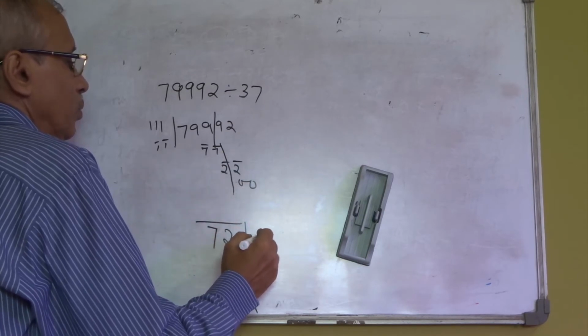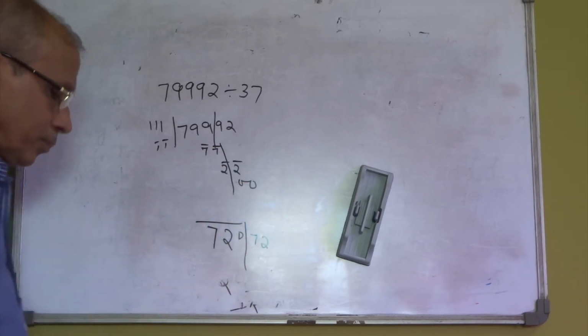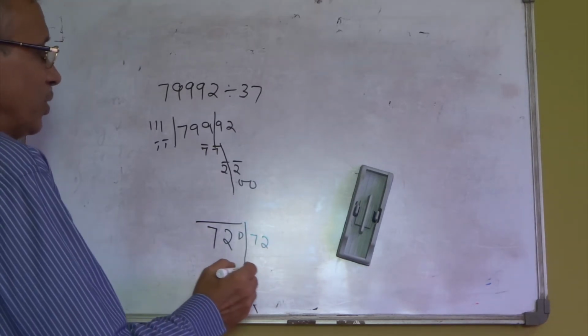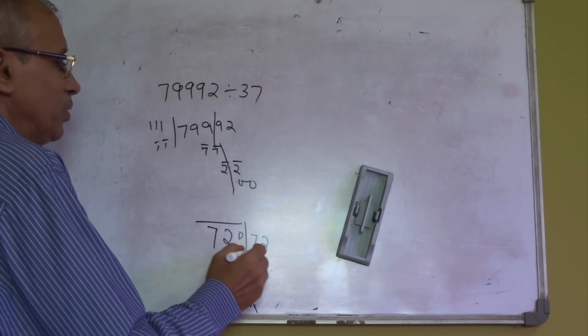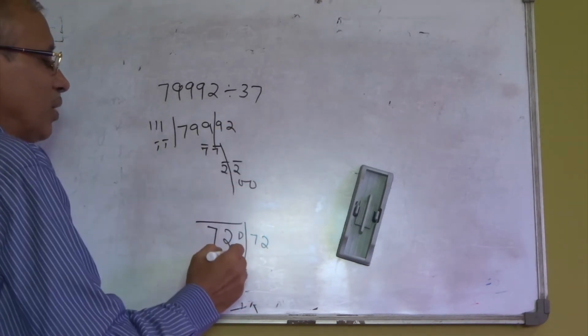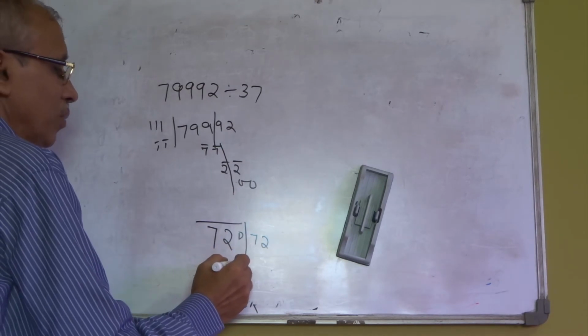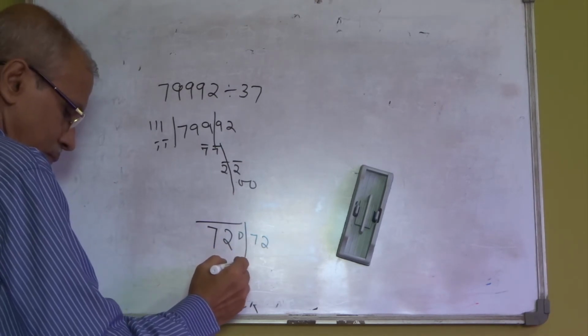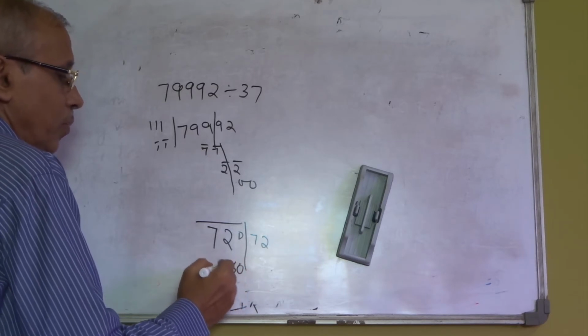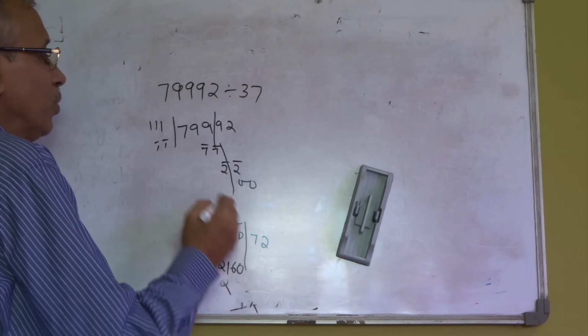Seven. Now this is the answer we got. 727. Now we had multiplied the divisor, with this answer also we have multiplied. Now 72 is more than 37.